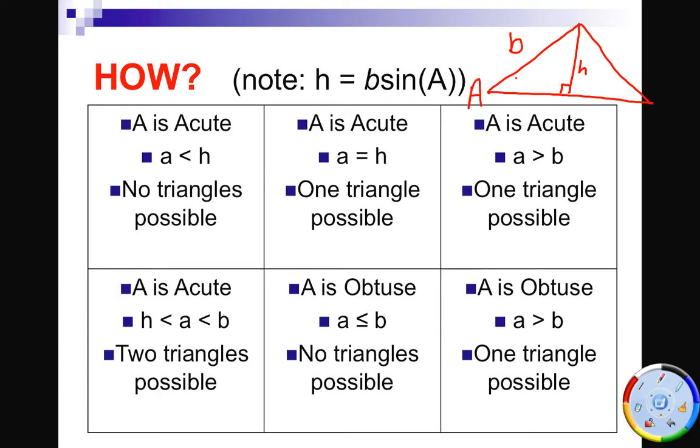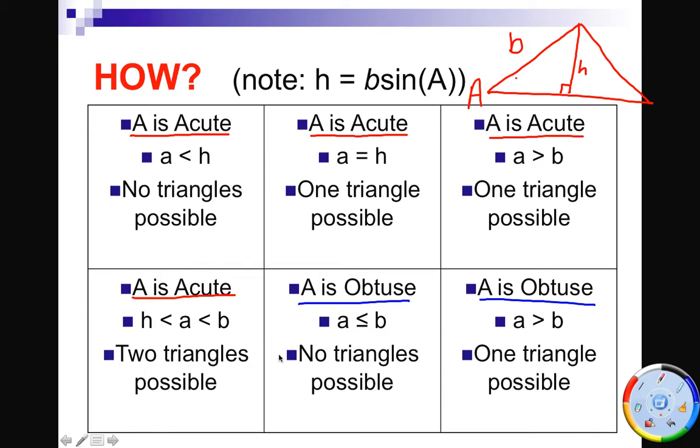What I first want to point out is, if the angle that you're given is acute, meaning less than 90, there are 4 possibilities. However, if the angle is obtuse, there are only 2 different possibilities.